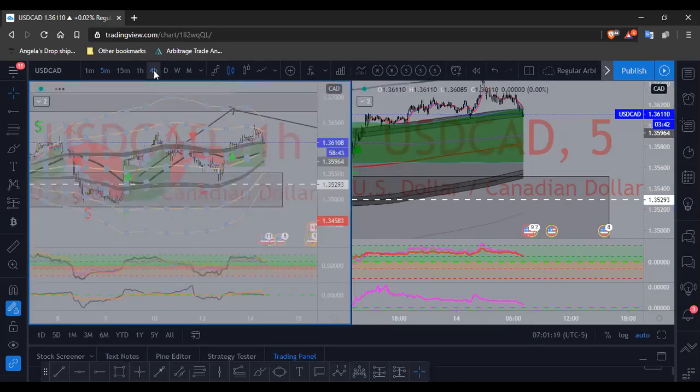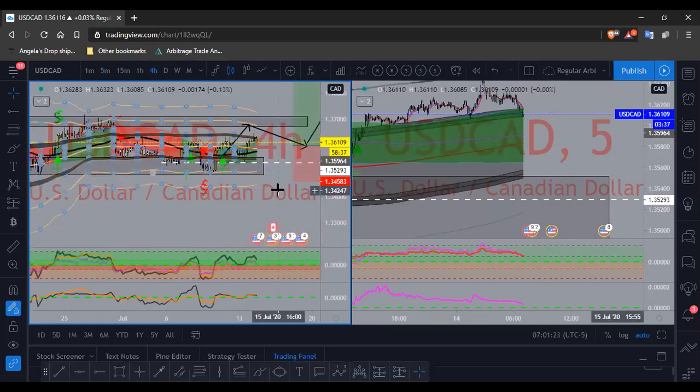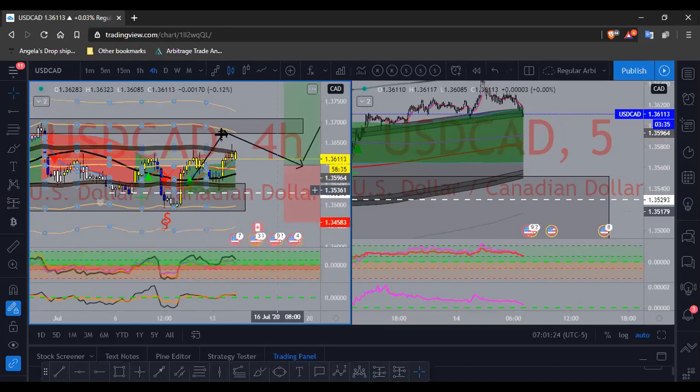So this is the setup that I wanted initially, for price to come back up here to test these highs and then drop and then go bullish to break through the high. But we didn't even get price to go up there.